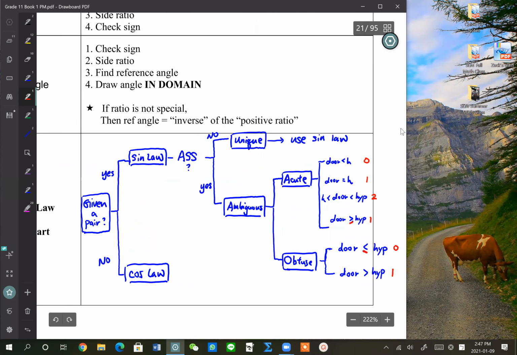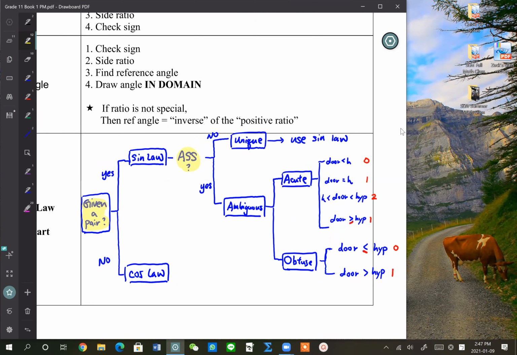So we have two main questions here. The first question you need to ask: do you have a pair or not? That separates sine law and cosine law. Once you get to sine law, you ask, do we have an S? If it's not angle side side, then you just start using sine law.